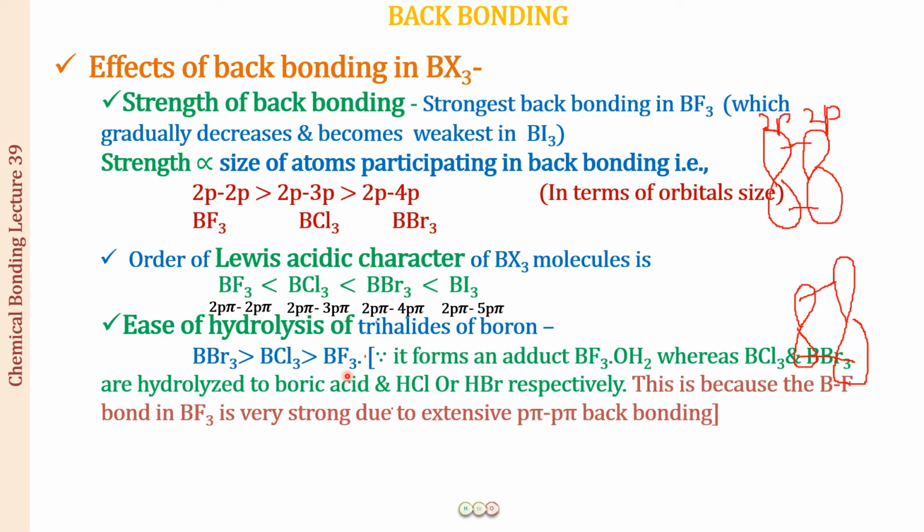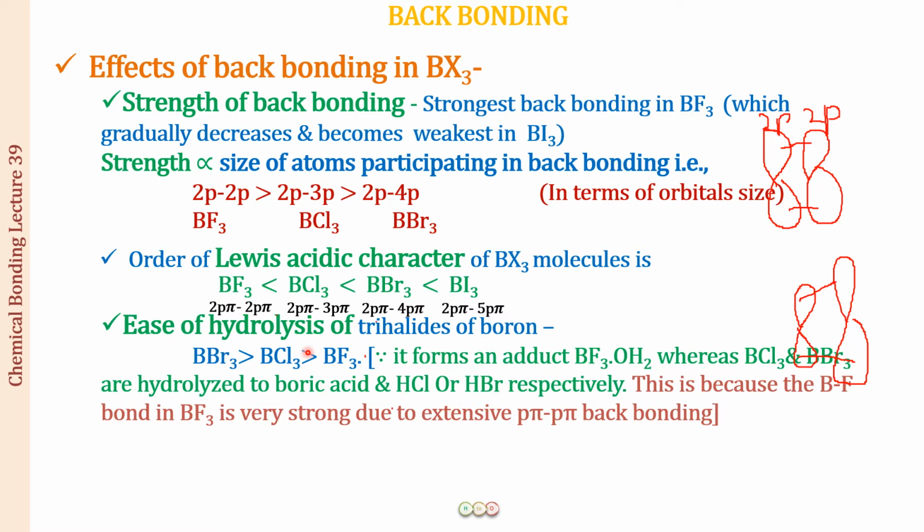What happens because of back bonding is that BF3 has a strong B-F bond. So when it is going to react with water, this is going to be the least easily broken bond, right? Compared to BBr3 and BCl3, the B-F bond does not break easily because it has a partial double bond character in comparison to BBr3 and BCl3.